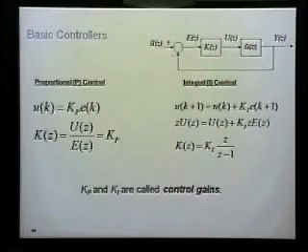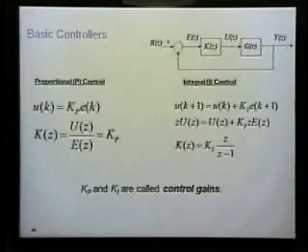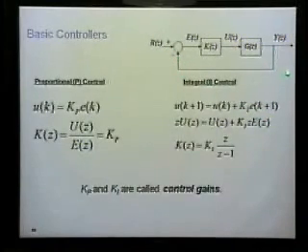Can I test one assumption? I assume that E of k plus 1 is equal to R minus Y at k. Okay, E of k plus 1 is equal to R of k plus 1 minus Y of k plus 1 in this system right here.